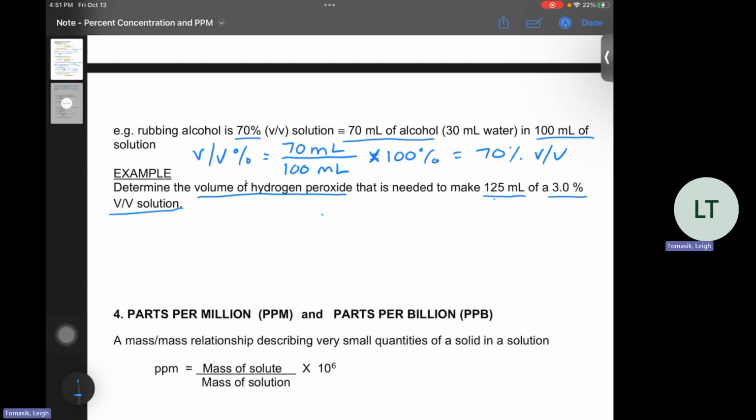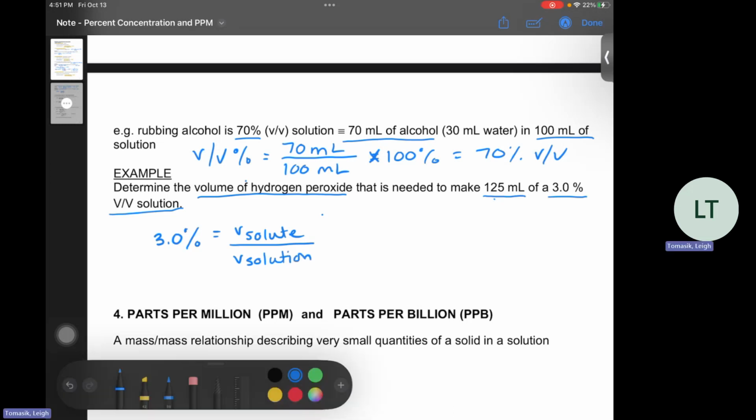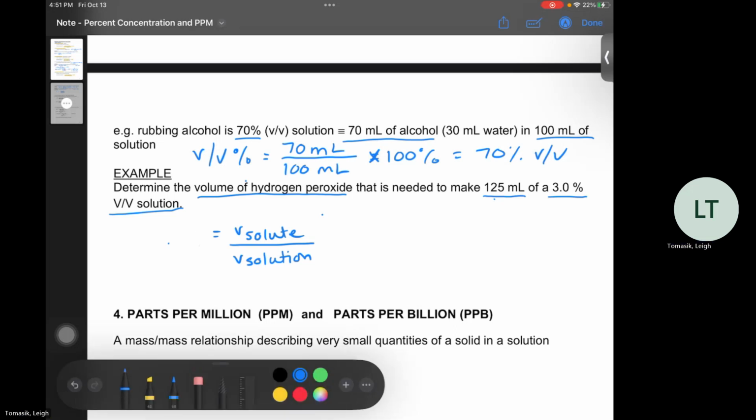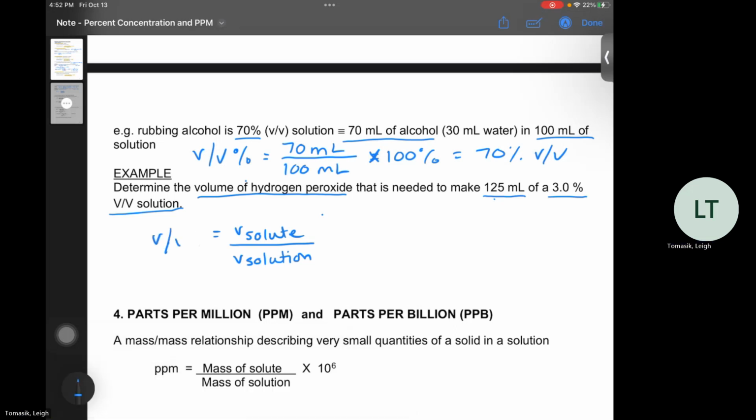We have the volume per volume percent is 3.0%, and then it's the volume of the solute, which we don't know, over the volume of the solution, which we do know, times 100%.